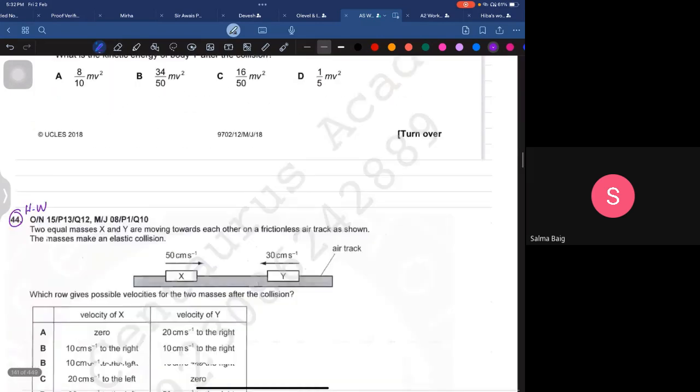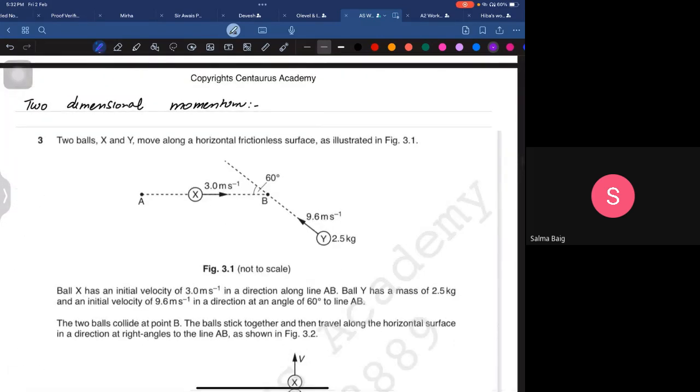No worries. All right. Anyway, so going towards now the two-dimensional momentum. For two-dimensional momentum, I just want to start off with a very important part here. Whenever you see momentum in different directions or certain angles, just remember tip number one is to break momentum into horizontal and vertical directions.